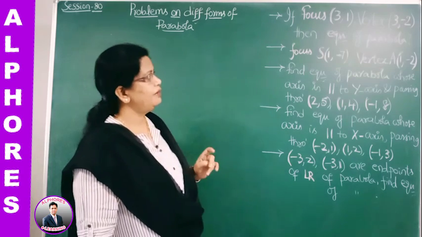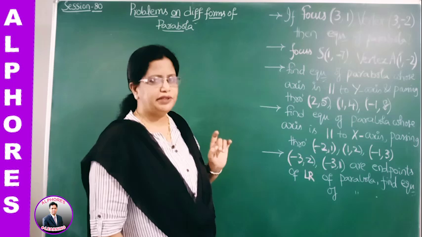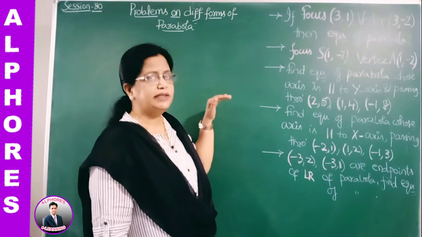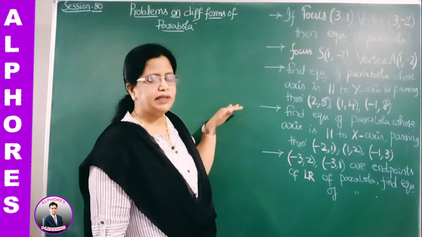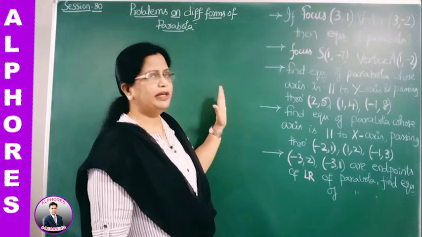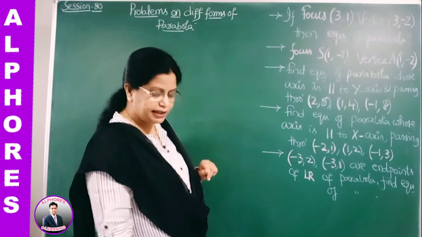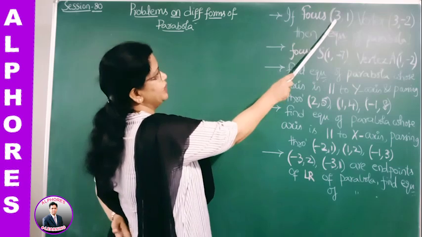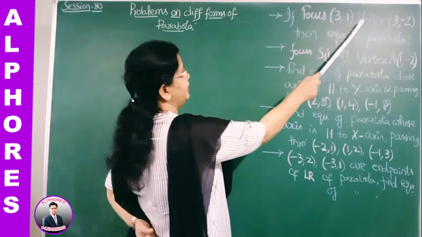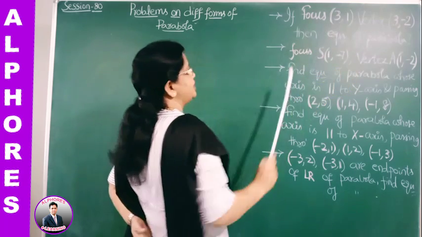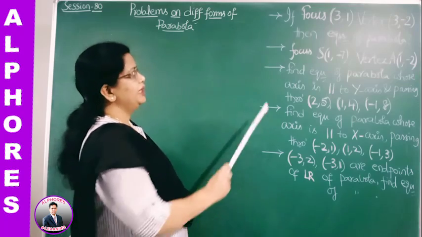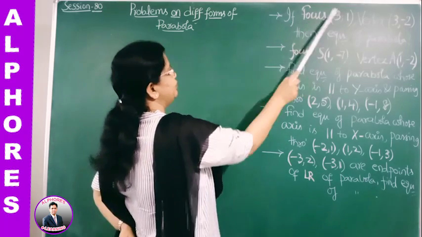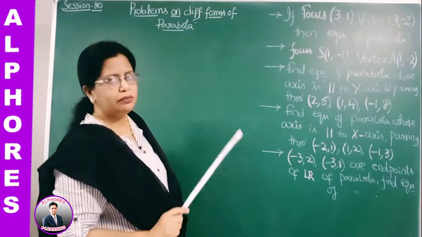Now as we have done the concept based on where the axis is exactly parallel to the x-axis or along the x-axis, similarly the y-axis also. That's why students observe, whenever a problem is given, here the focus is 3, 1 and the vertex is 3, -2. And we know that focus and vertex both lie on the axis of parabola.